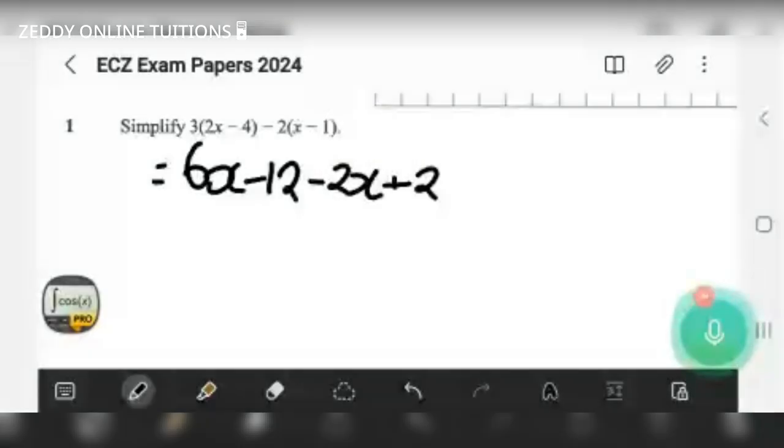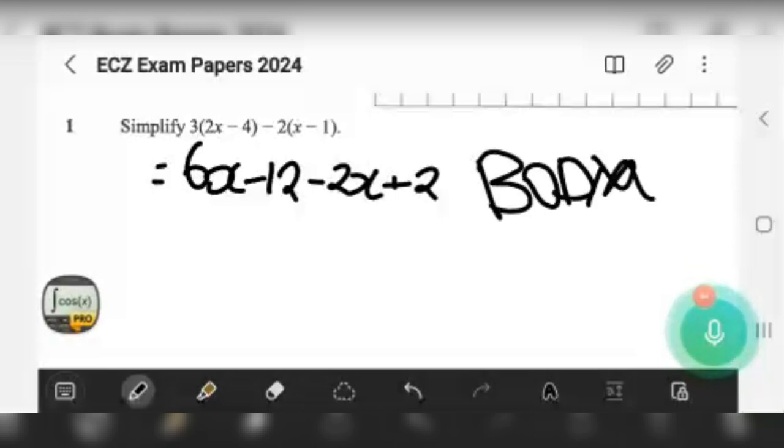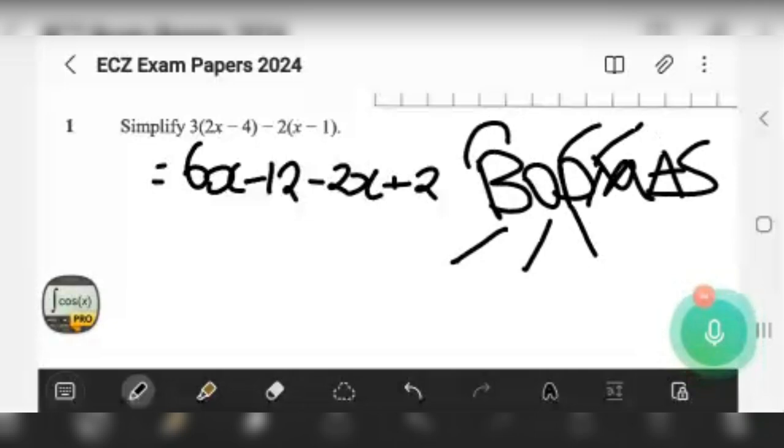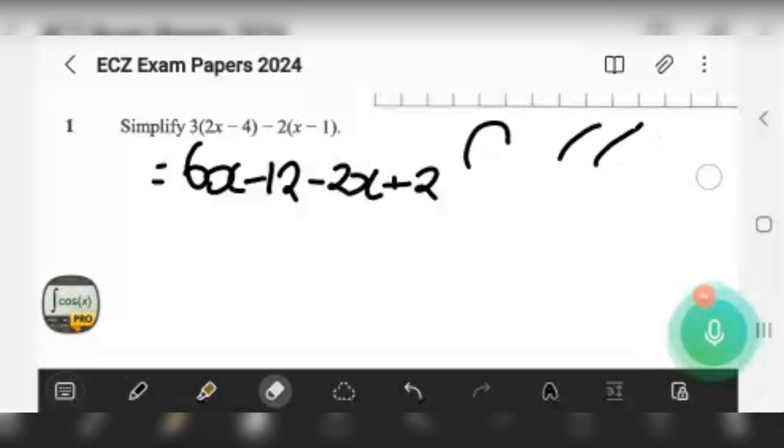Okay, so now since we've dealt with the brackets, we also follow this BODMAS, bracket, order, division. Some people say it differently, but we have to deal with the brackets first. So if you have division, multiplication, and the like, what we dealt with is the brackets first. So next we need to look at if we've got terms that are like terms.